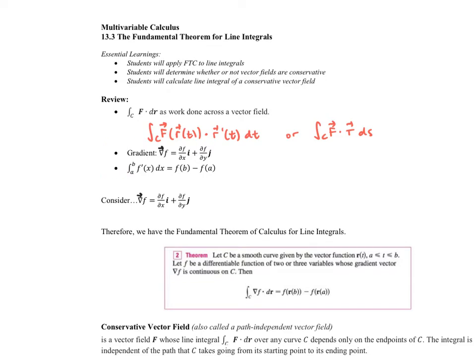Your fundamental theorem for line integrals is simply a line integral of a gradient equal to f of r of b minus f of r of a. So here's what this is talking about.